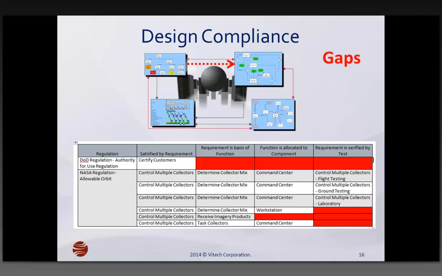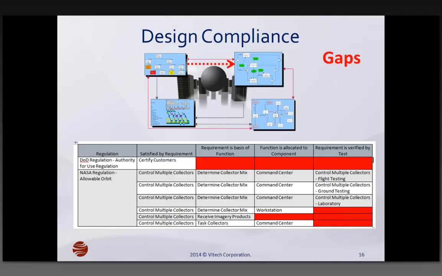Finally, we can see through this design compliance matrix that each one of these requirements, the text isn't shown here, these are the names, each one of these requirements is verified by some information. Now the red here shows that there are some gaps. So wherever you see an empty field, you have a gap in your design compliance matrix.